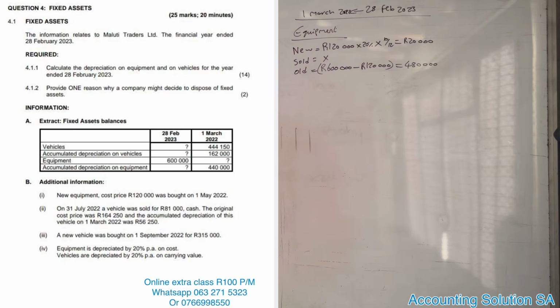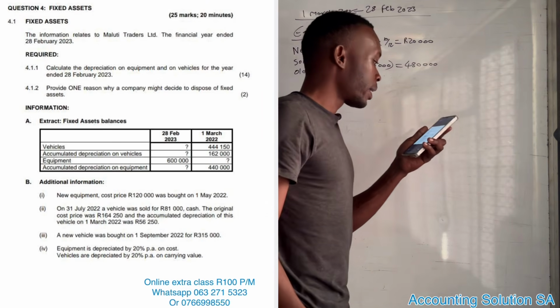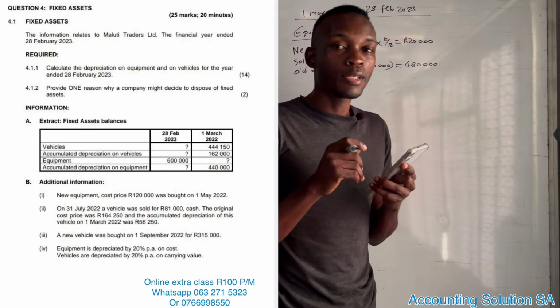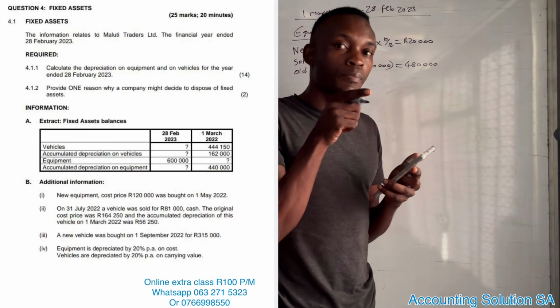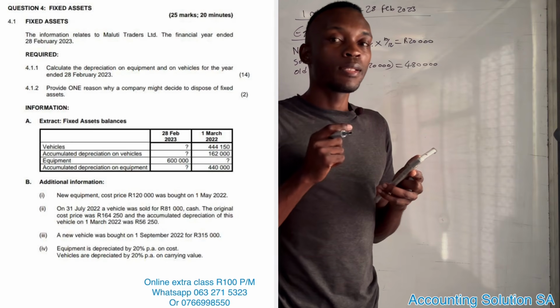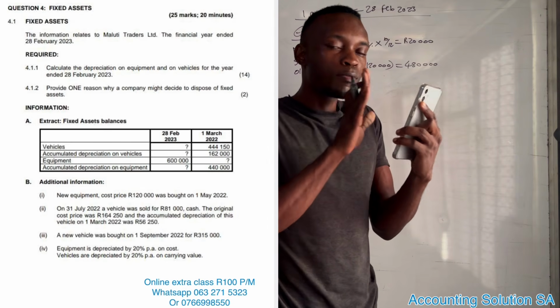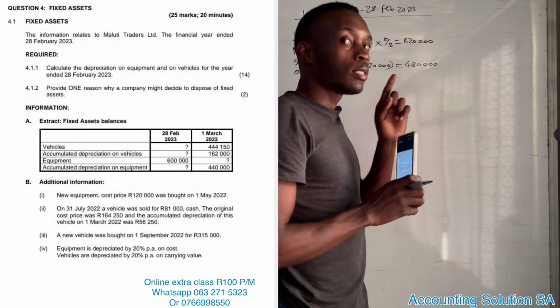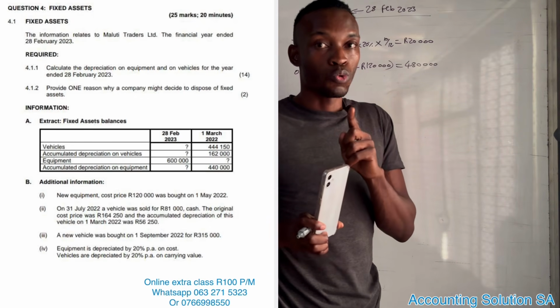Now, remember, guys, our accumulated is 440. When you calculate depreciation, guys, you must always check accumulated. If the accumulated is becoming closer to the cost price, just know that you are going to use the 1 rand rule. Why?